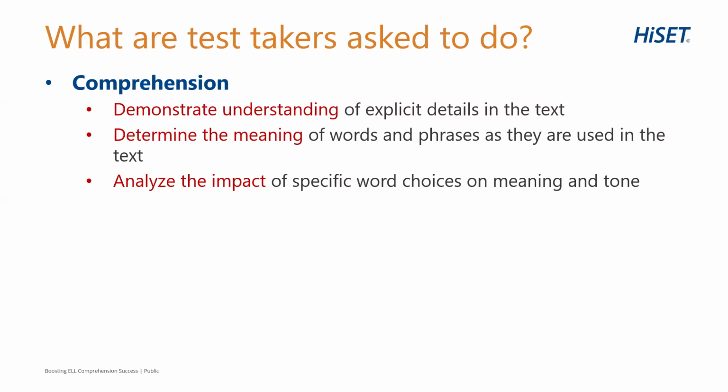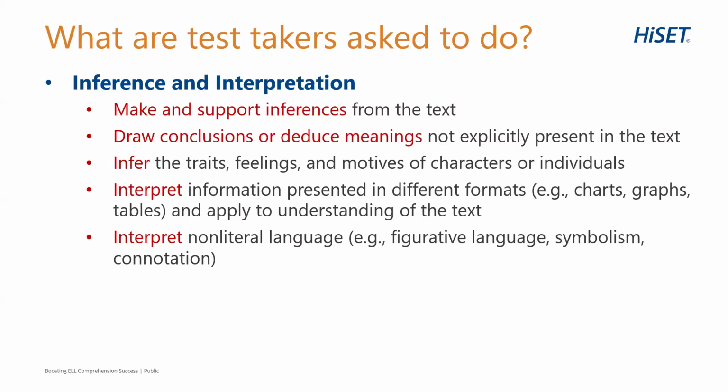We start with the lower cognitive demand of comprehension, where they demonstrate understanding of words and details in the text. That takes us to inference and interpretation, where they make and support inferences, interpret information, and infer traits and feelings.